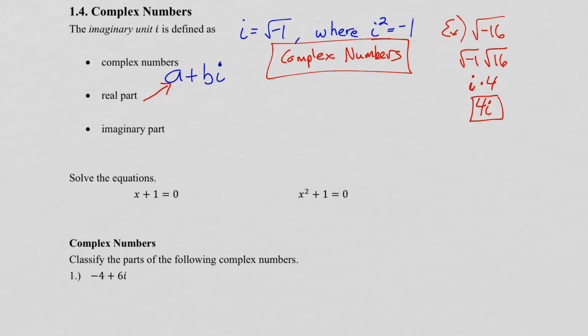There's no i next to it. And the one with the i, that is the imaginary part. So with complex numbers, you can have the imaginary part there, or you can have it missing.